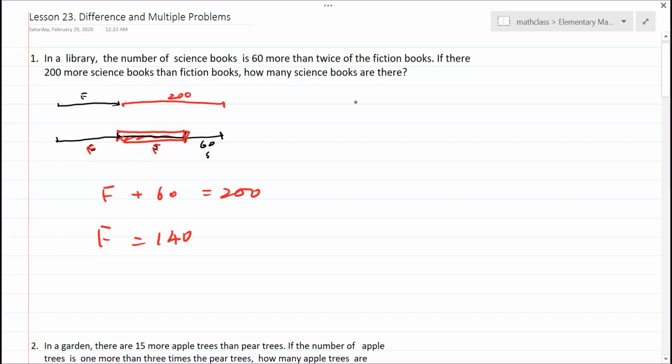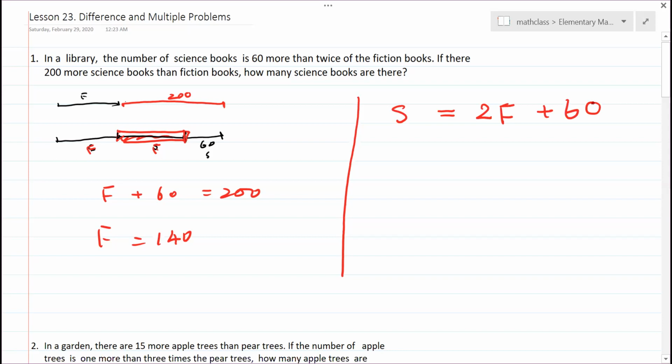Now, let's try a different way. If someone wants to learn using equations, say F represents the number of fiction books. Then S, the number of science books, is going to be twice the fiction books plus 60.